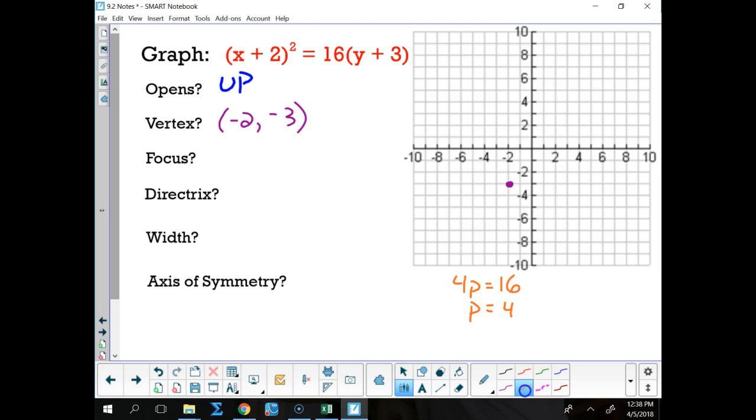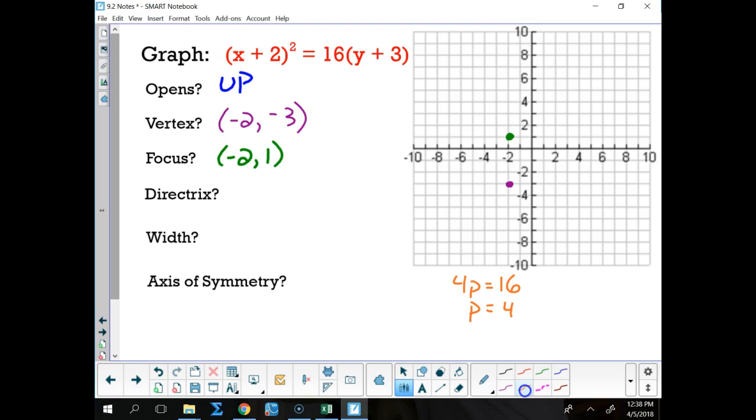Up. So I got to go up 4 from my vertex. 1, 2, 3, and 4. That puts me at the point -2, comma, +1.